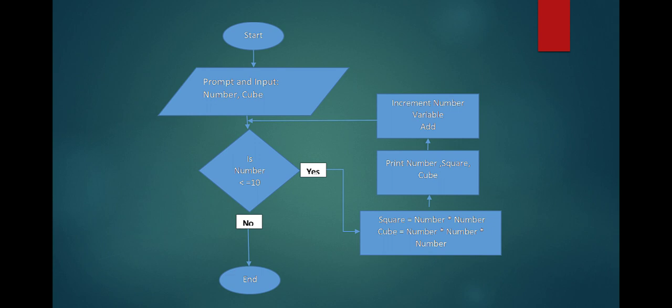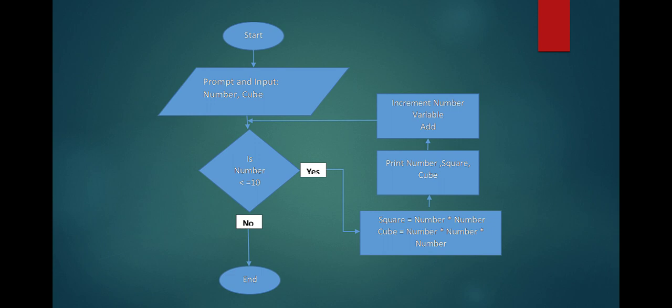So here we enter a loop. It says, is the number less than or equal to 10? If yes, then it continues, and square is equal to the number times number, and the cube is equal to the number times the number times the number. And then it goes ahead and does the next statement, which is to print the value. So it prints number, it prints square, and prints cube.